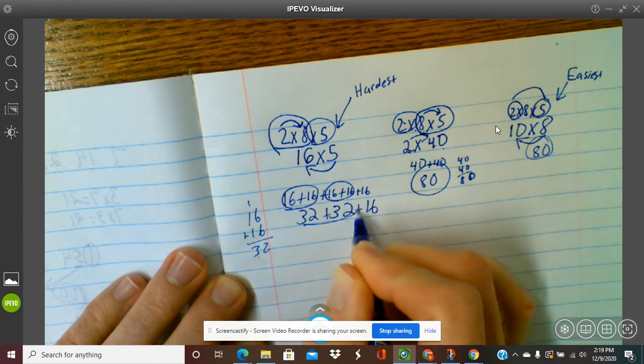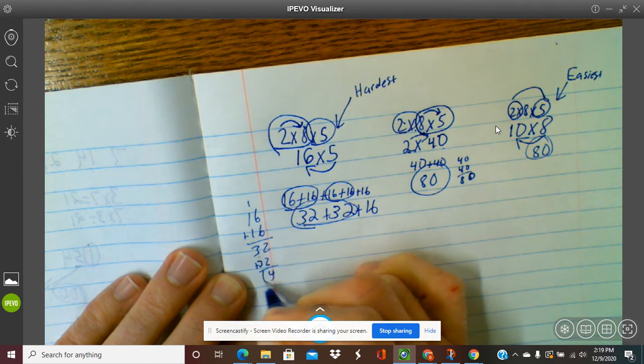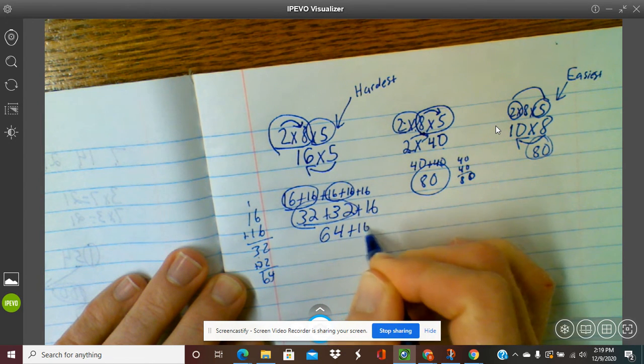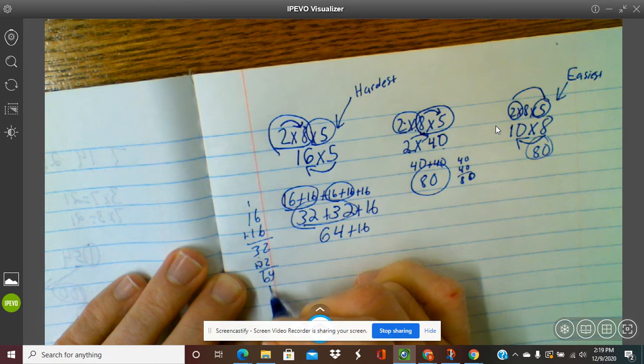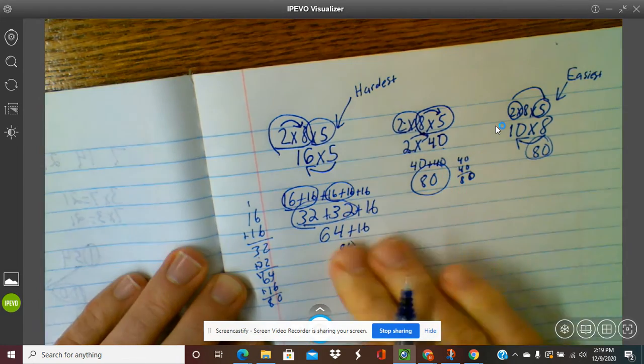So let's add up my two 32s next. 64. Now I've got to add that 16 to complete it, and I get 80. So I get 80 three different ways.